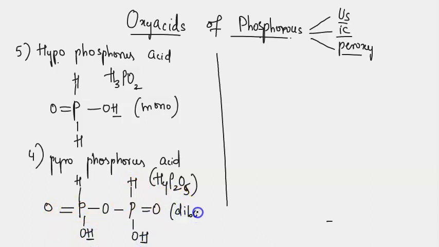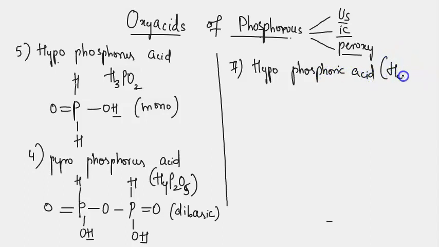And for this compound, if we add one more oxygen, we get hypophosphoric acid. The formula would be H4P2O6, one oxygen greater than pyrophosphorus acid. So write the structure as it is, except for the POP linkage.